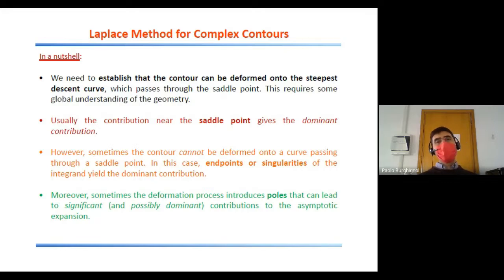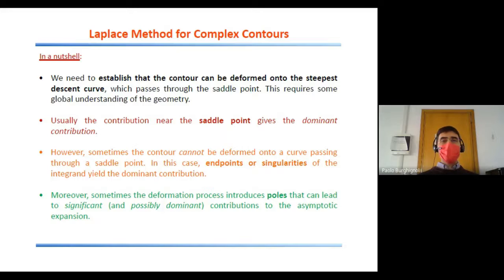Sometimes, however, the contour cannot be deformed onto a curve that passes through a saddle point. And in this case, the dominant contribution will be given by endpoints. For example, if your integration path is starting from some finite point in the complex plane, or from singularities that may be encountered in the process of deforming the contours.